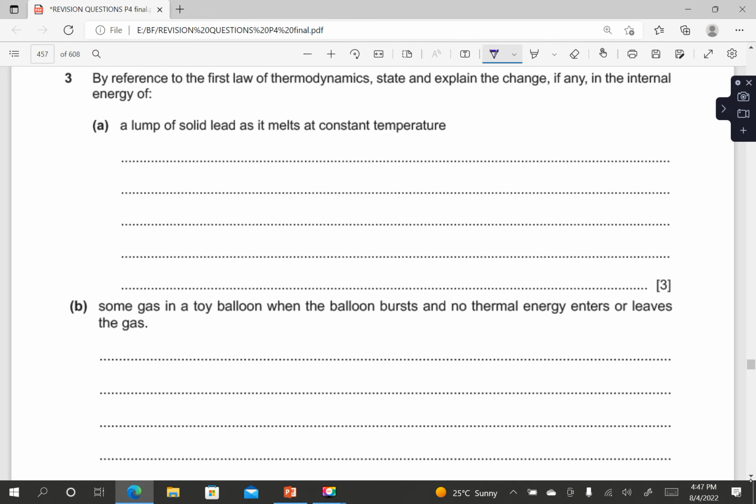By reference to the first law of thermodynamics, state and explain the change, if any, in the internal energy of a lump of solid lead as it melts at constant temperature. Some solids, when they melt, their density actually increases.